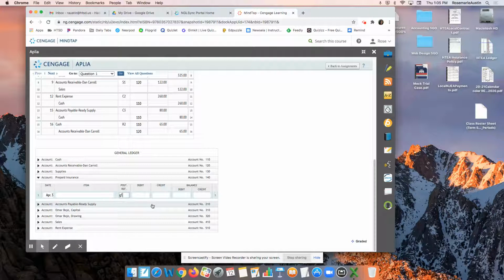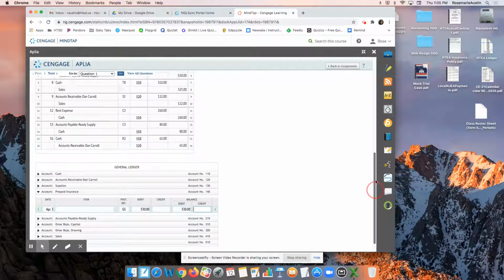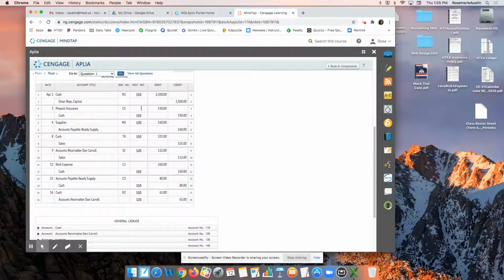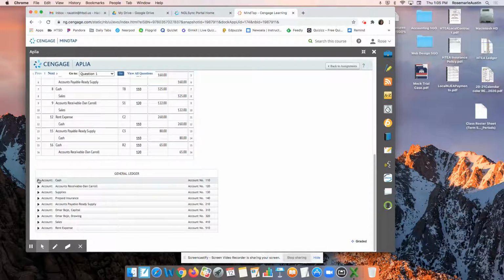We got this from G1. It's a debit of $330, so you're just going to bring that over to the balance column. That's a $330 balance. For prepaid insurance, that's account number 140. You want to come back up here and make sure you put 140 on that line in the post-reference column. All right, this is going pretty smoothly.